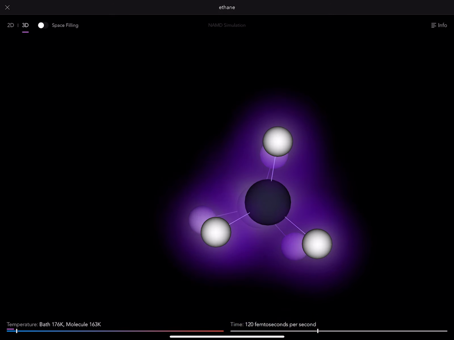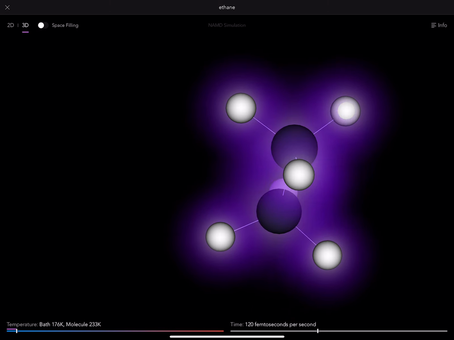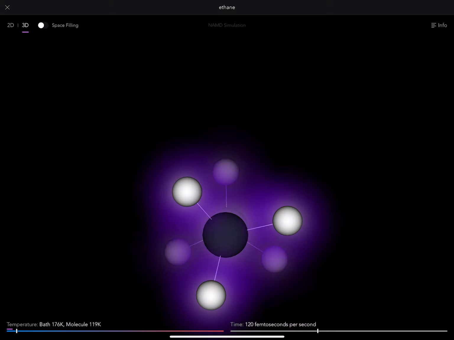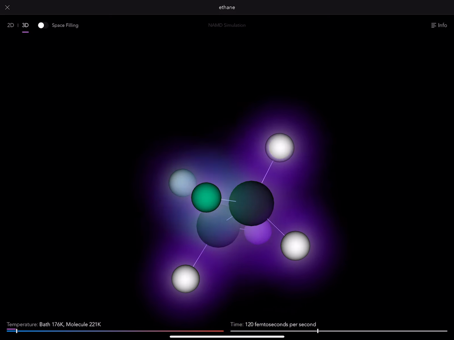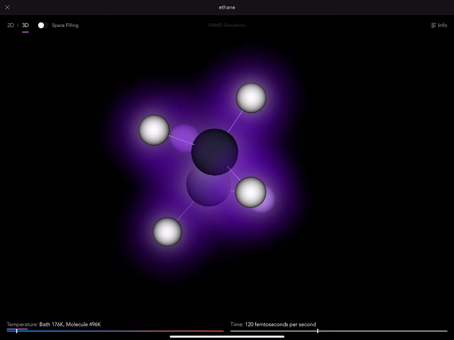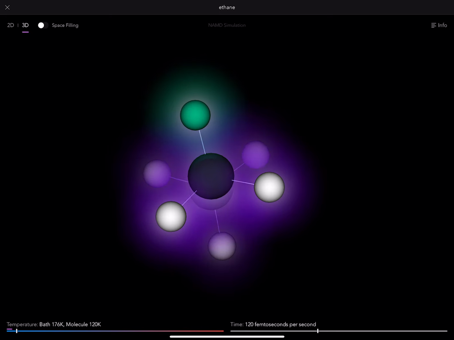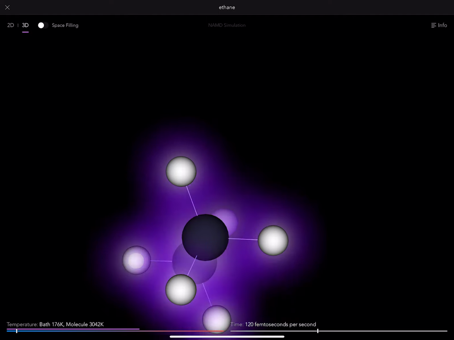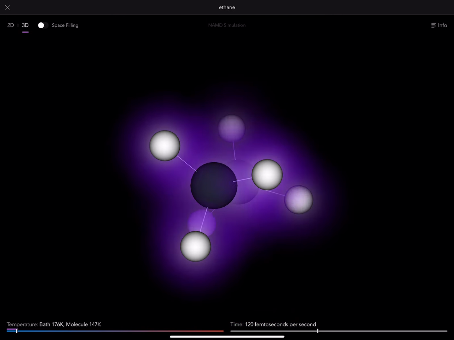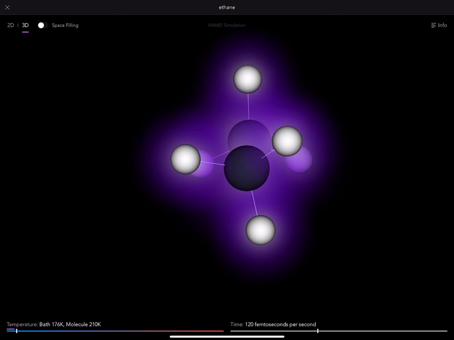Okay. Now watch as I do that. And we're taking a viewpoint where we're actually looking down the bond between the two carbons. As I do that, see if you can notice where it settles. Do you notice it always comes back to this point at which the CH bonds in the front are staggered in between the CH bonds in the back?